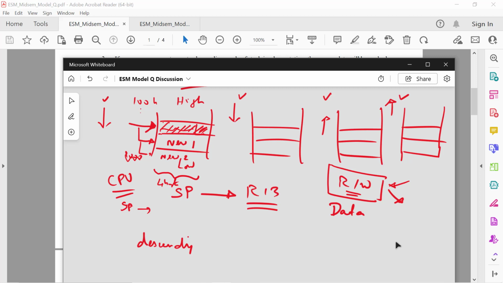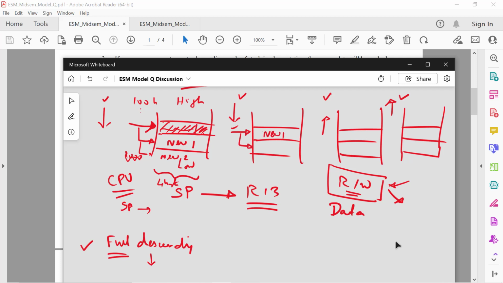Now there are two ways of descending. These two are descending stacks, but this one is full descending. That means the stack pointer is pointing at a full location, and when I push, it is going to go towards the lower address. This is one type of stack. Now what is another type of stack? Suppose the stack pointer is here. When I push, it will put the new data here and then decrement.